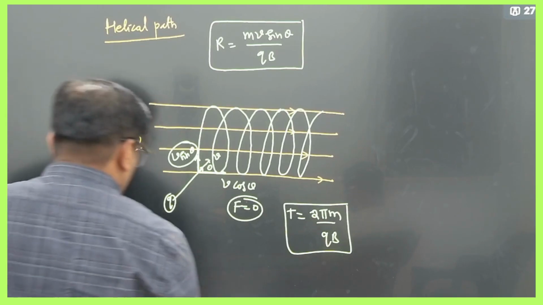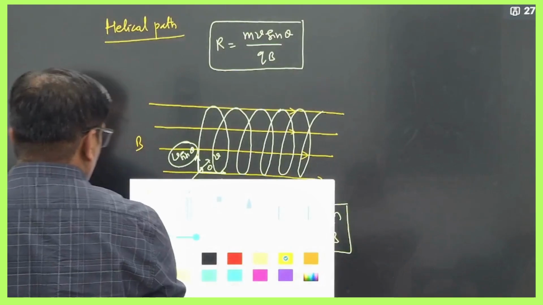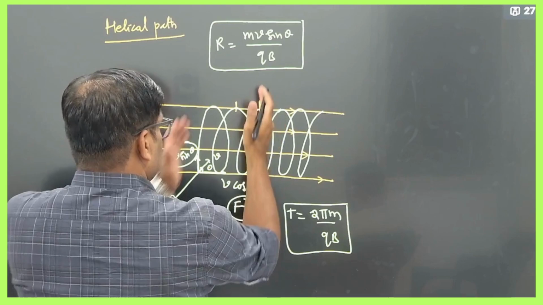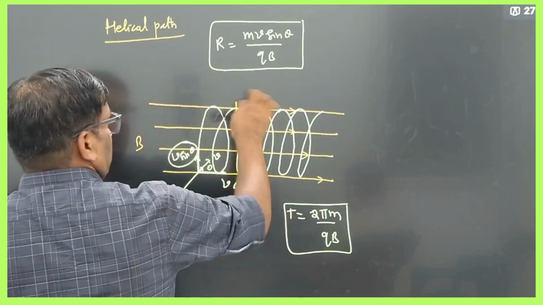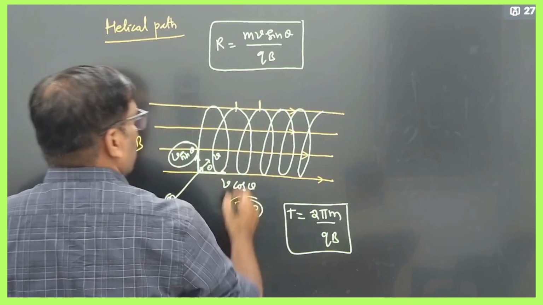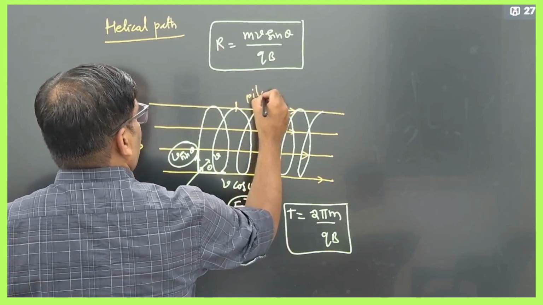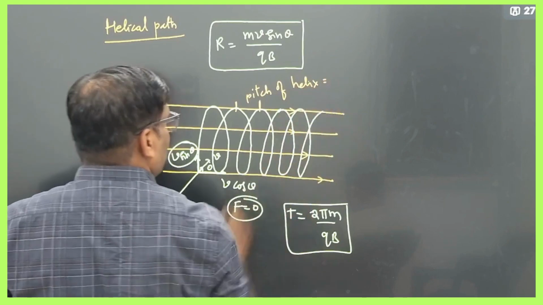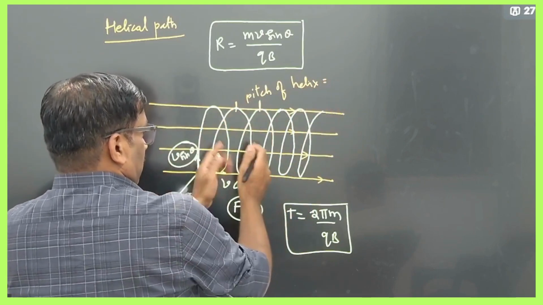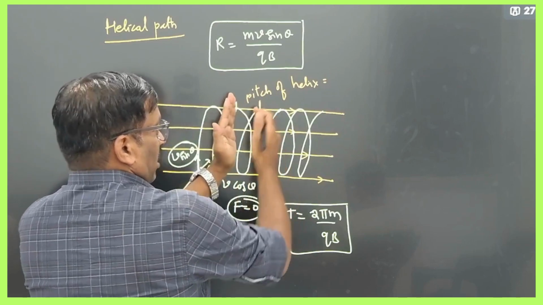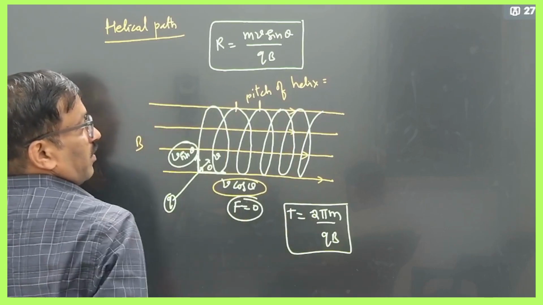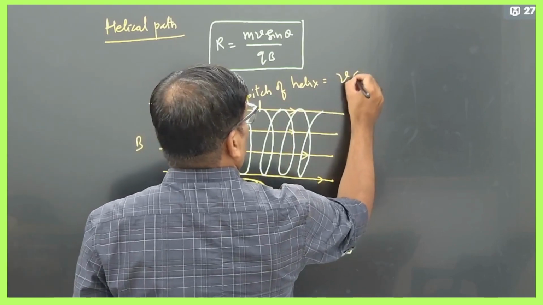Now we want to calculate the pitch of the helix. Pitch of the helix means the distance between two consecutive turns, or two consecutive threads. How to determine it? This distance from one circular path to another is because of v cos theta.